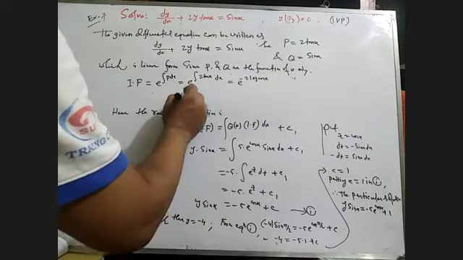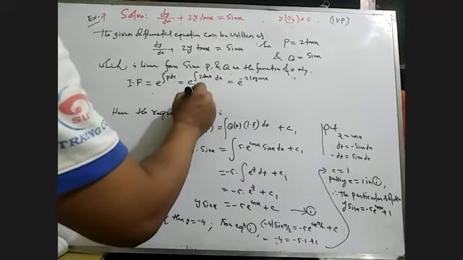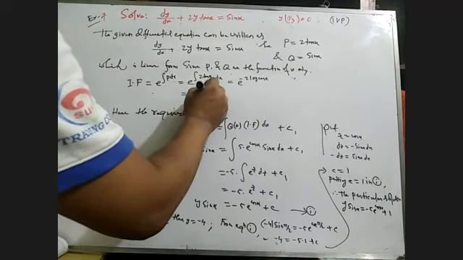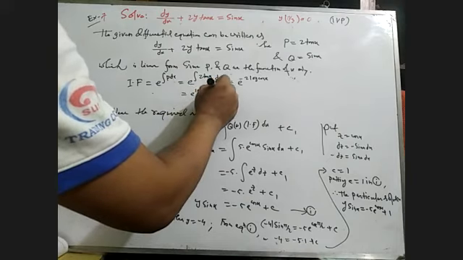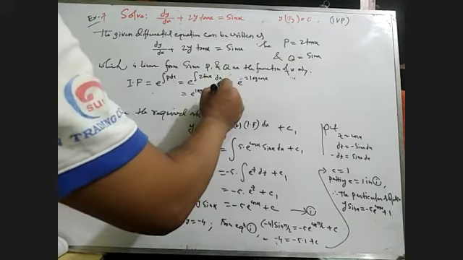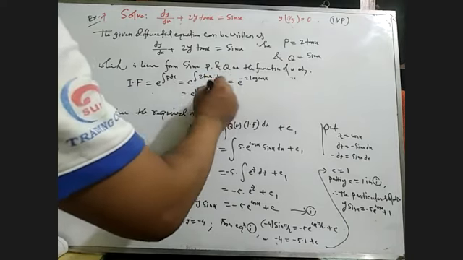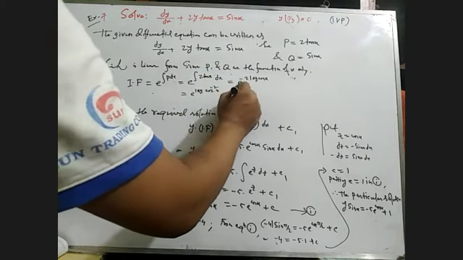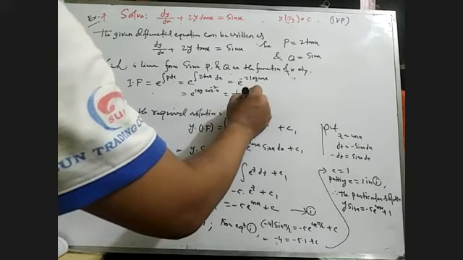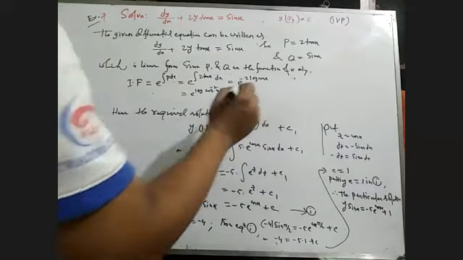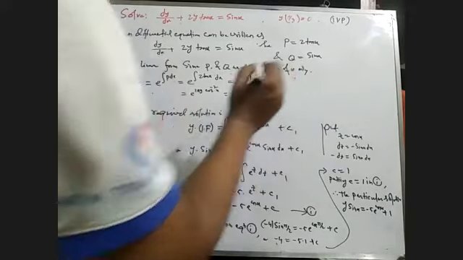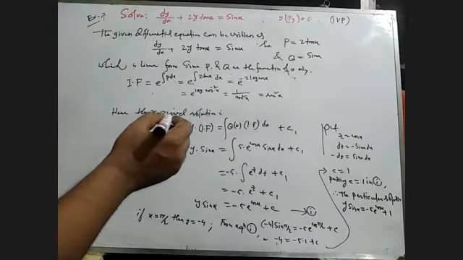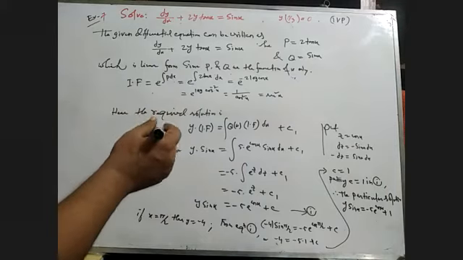So this can be written as e to the power log cos to the power minus 2. So e and log will be removed, giving 1 by cos square x. That means we get sec square x. So sec square x will be the integrating factor.